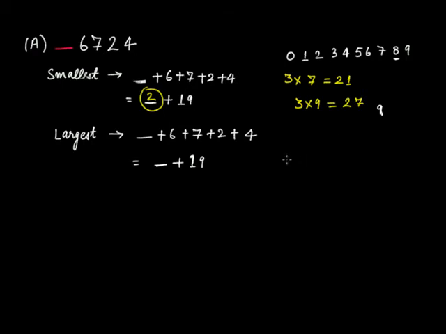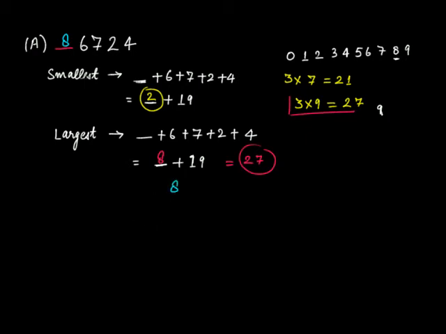Therefore, if we put 8 here, it will make it 27, and this number is divisible by 3. So if we put 8 here, this 86,724 will be divisible by 3. So for the smallest one, the digit will be 2, and for the largest one, the digit will be 8.